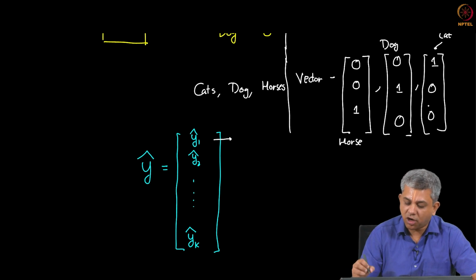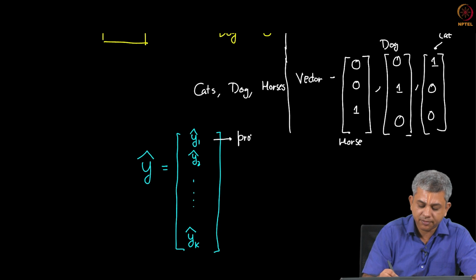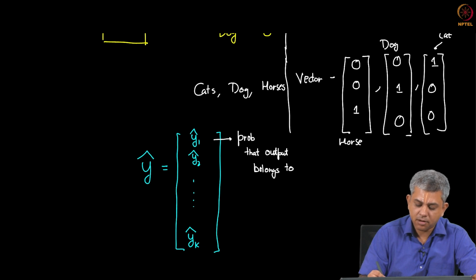So, in my cats, dogs, horses example, this is the probability that my output belongs to class 1.